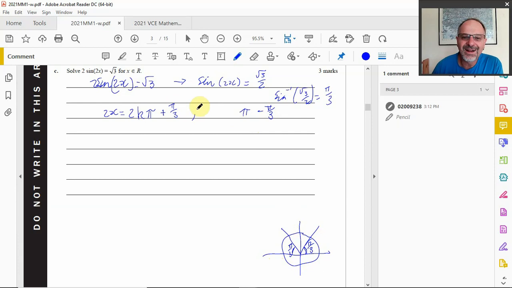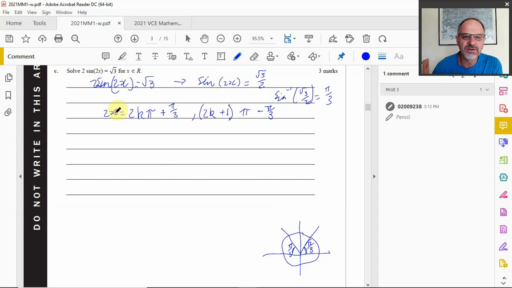Well, 2k gives us an even number. And if we add 1, or even if we subtract 1, but I'm going to add 1, it doesn't matter, we'll get an odd number. So if k is 0, 0 plus 1 is 1. If k is 1, 2 plus 1 is 3. So we're getting to an odd multiple of pi, and then we're taking away pi on 3.